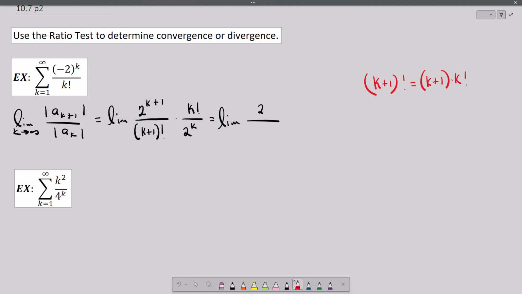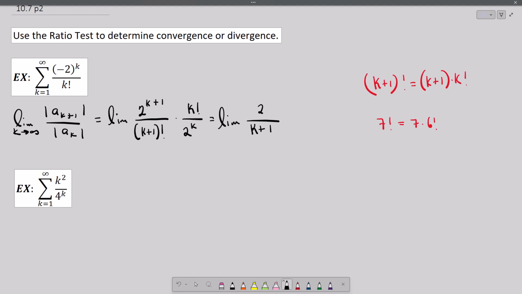So isn't k plus 1 factorial k plus 1 times k factorial? Just like 7 factorial is 7 times 6 factorial. So what does k factorial over k plus 1 factorial reduce to? Just 1 over k plus 1. The k factorial part cancels.